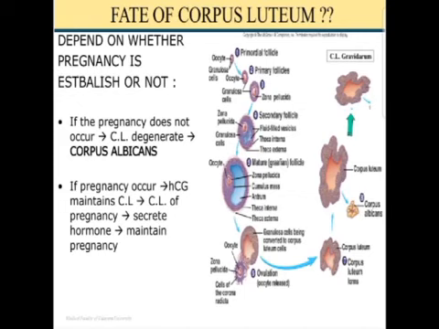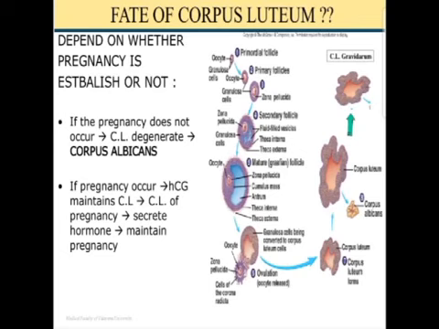If pregnancy occurs, then under the influence of the human chorionic gonadotrophic hormone, the corpus luteum is maintained for the 6 months, and it is called the corpus luteum of pregnancy. This corpus luteum of pregnancy secretes certain hormones which maintain the pregnancy, and they also bring the changes in the uterus, in the endometrium.